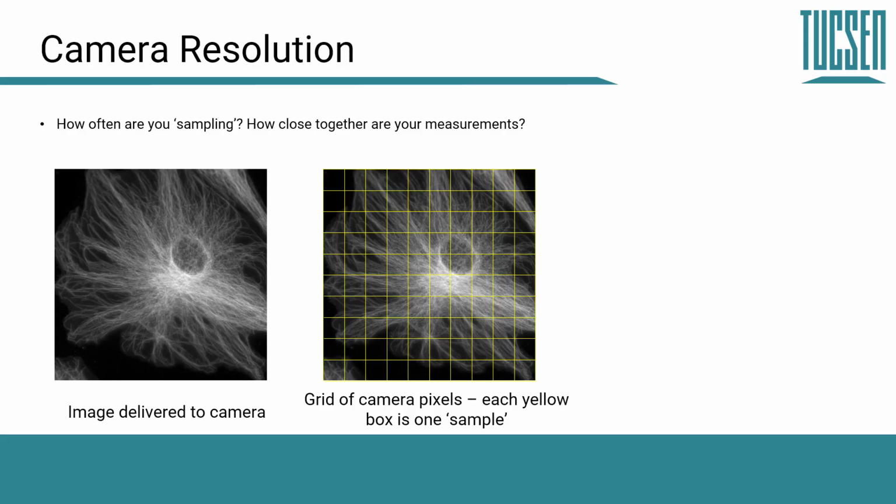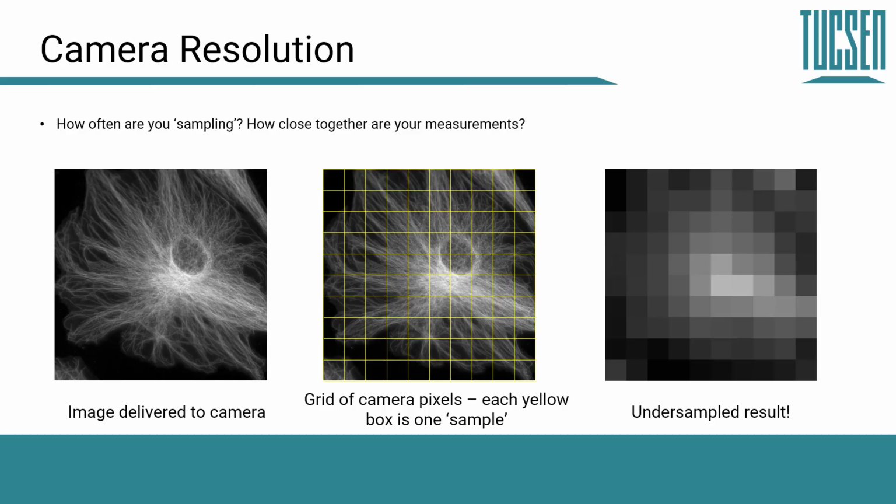If we have a grid of camera pixels capturing this image, where each yellow box is one sample, if our pixel size is smaller, then we're sampling more often. We're making more frequent measurements in space. And this is our sampling rate. And this is an important thing to understand when we're talking about resolution. But all it is, our spatial sampling is just the inverse of our pixel size, basically.